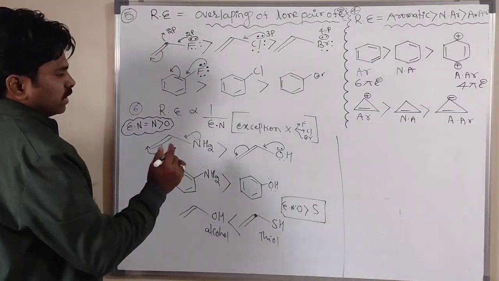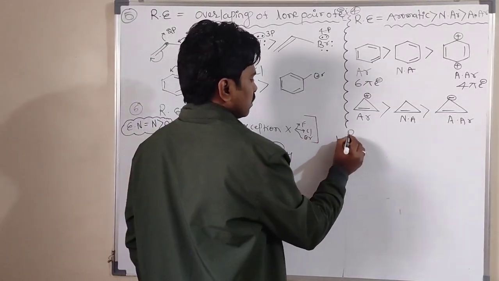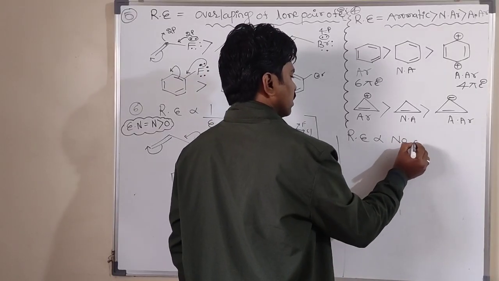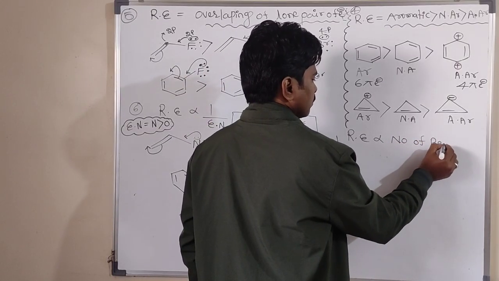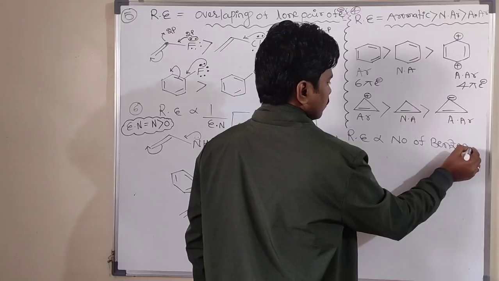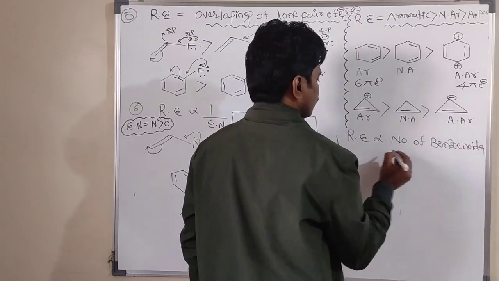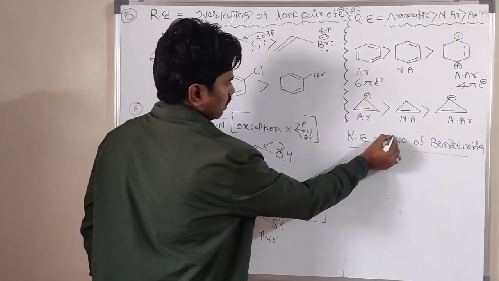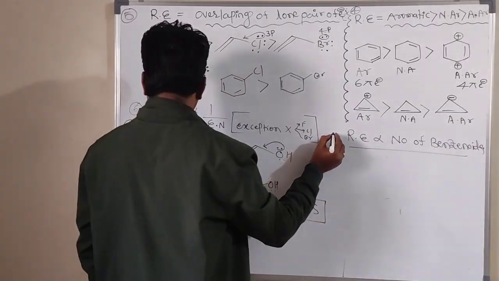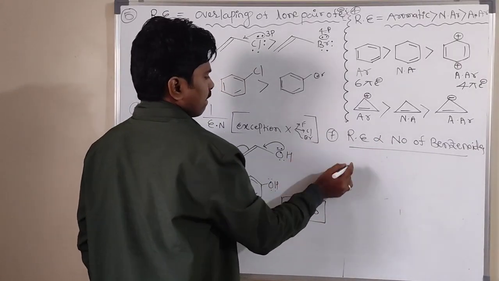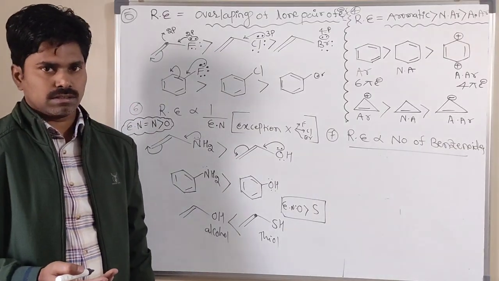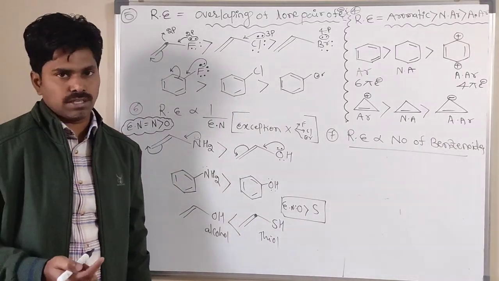Next one, the seventh one. Resonance energy is directly proportional to the number of benzenoids. This is the seventh rule. If the benzene rings increase, automatically the resonance energy also increases.